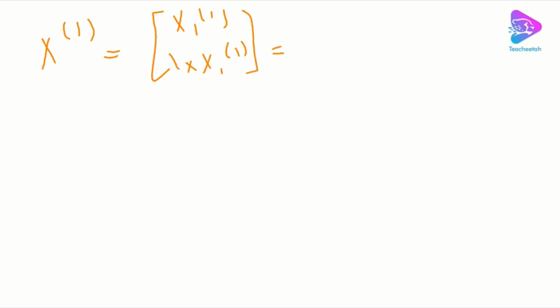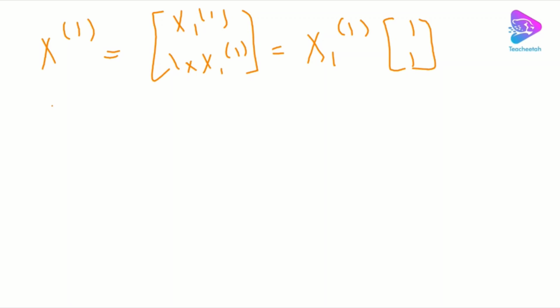Basically we found x1 equal to r1, which is 1. So this is x11 times (1, 1), right? So r1 equals, we can factor out x11 times (1, 1).